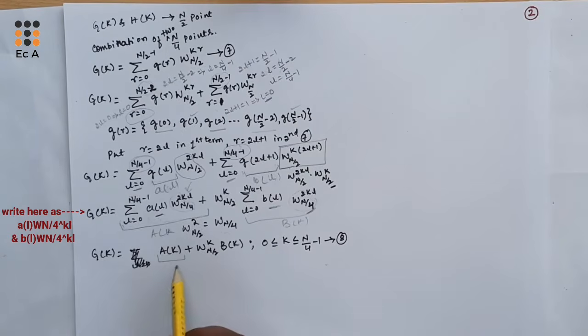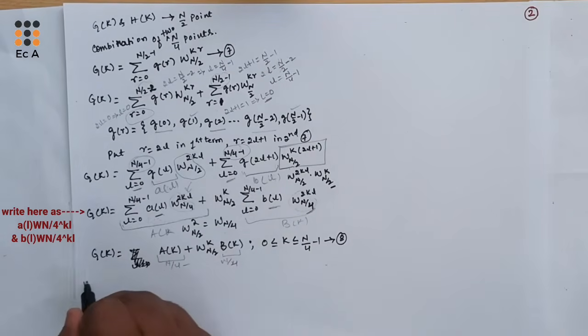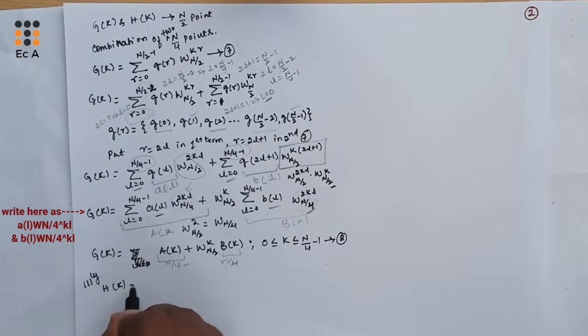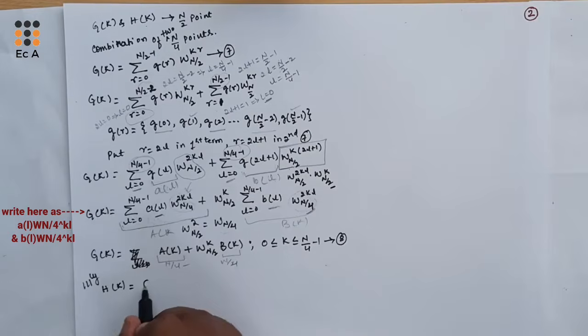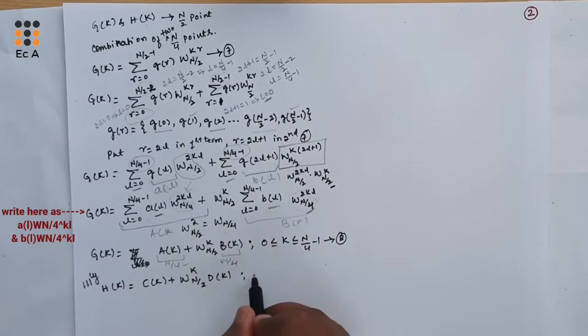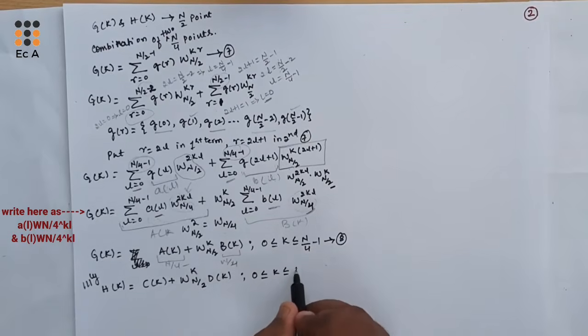Here a of k is n by 4 point DFT of the even index sequence, and b of k is the n by 4 point DFT of odd indexed sequence. Similarly, we can write it for h of k as, we will take the new term as c of k plus wn by 2 to the power of k d of k for k value ranging from 0 to n by 4 minus 1.